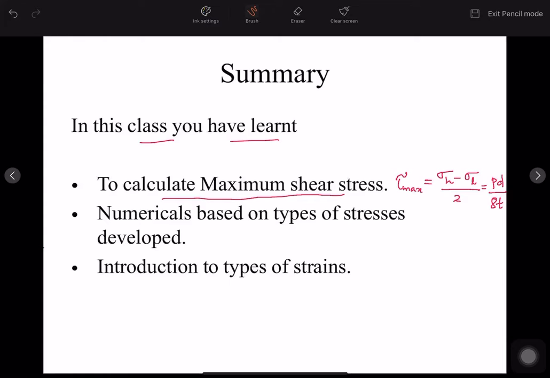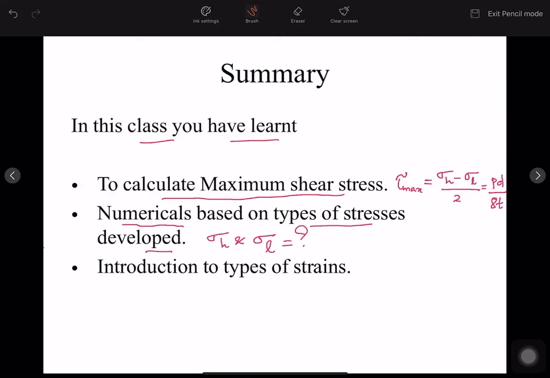Now, what are the next things we have discussed? We have solved some numericals based on types of stresses, that is sigma H and sigma L. We have solved 3 different numericals. I hope that concept is clear to you.